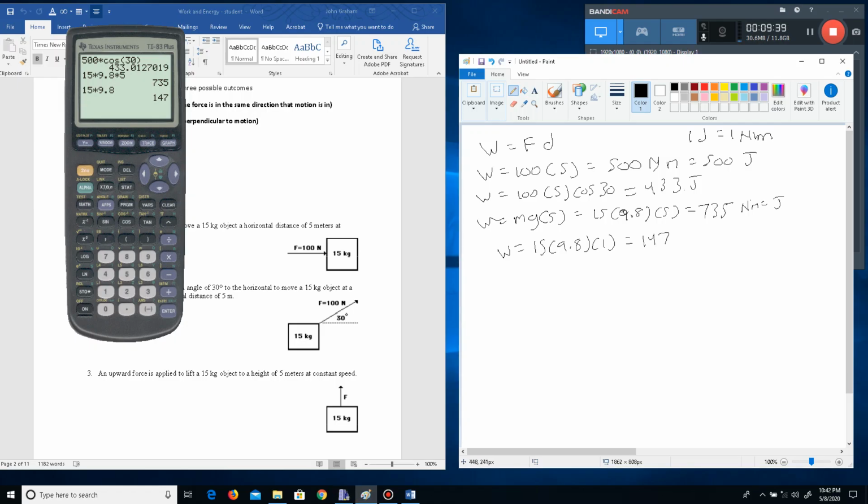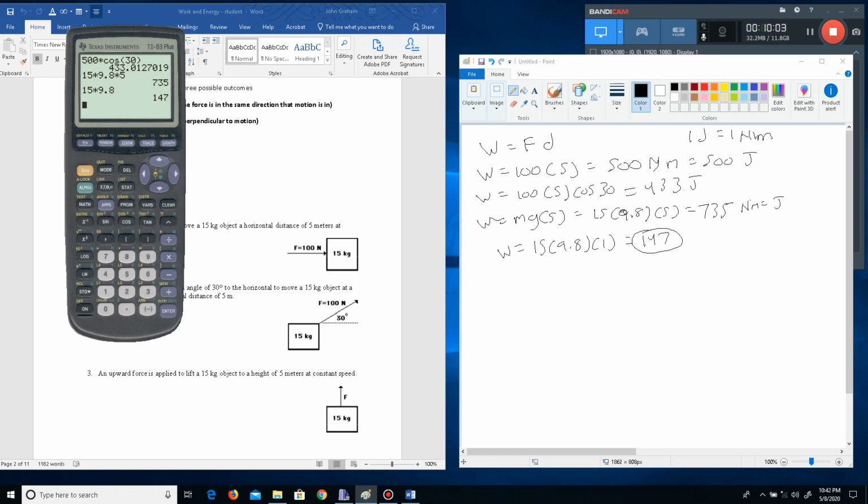So you get off the ground and then you move it 5 meters, and when you're moving it horizontally, you're not doing work because it's going to be perpendicular to your weight. So by moving it horizontally, you only do this amount of work to get it to the 5 meters, and then you just put it down.